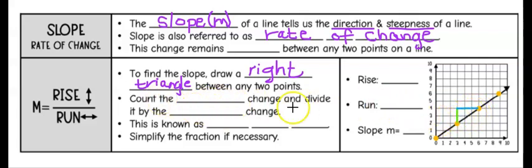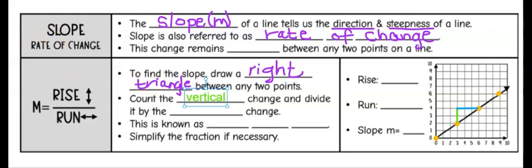Okay, and then once we have that, we want to count the vertical change. Remember, vertical is the up and down. That's why it's that green line matching my green word here.